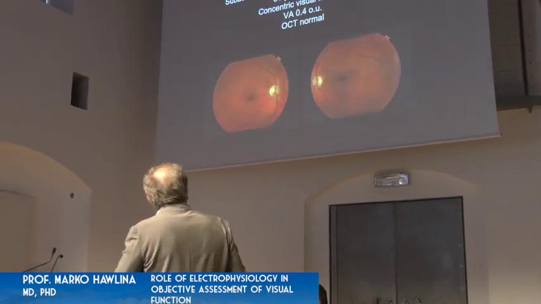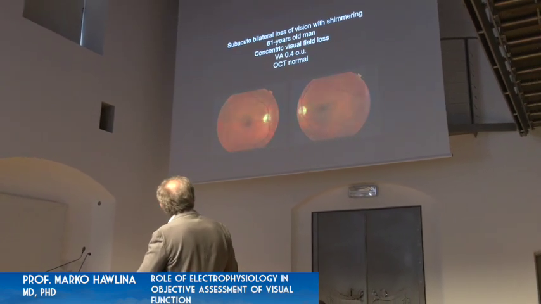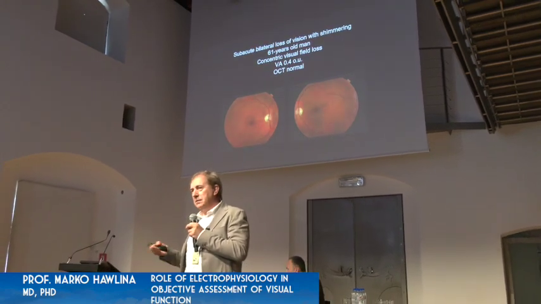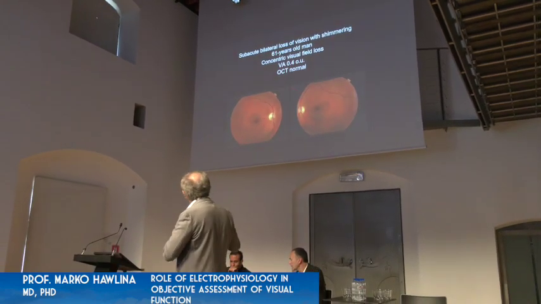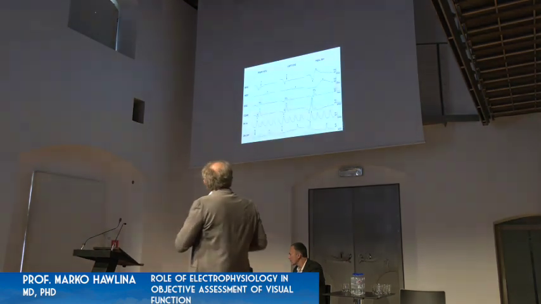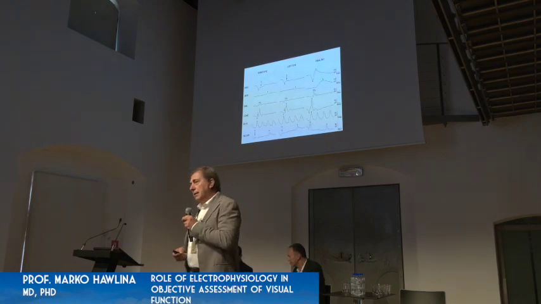So that's another case. A 61-year-old gentleman, so not only women, who has concentric visual field loss, claims 0.4 vision in both eyes, with a normal fundus. OCT was perfectly normal. And what he had is, you see, again, rod responses are missing. The B wave is reduced, and you have this kind of response here, which is telling you that ON bipolars are not working.